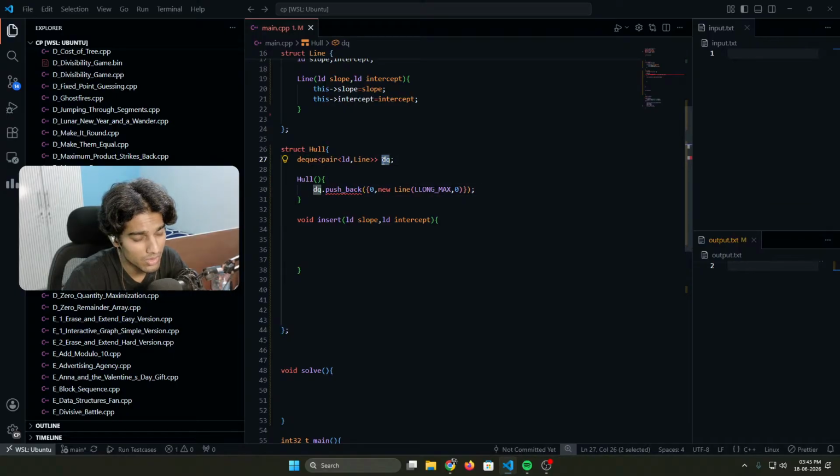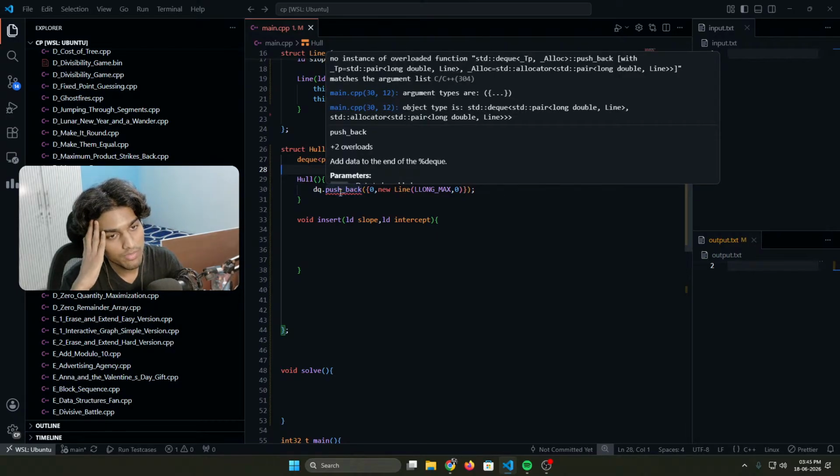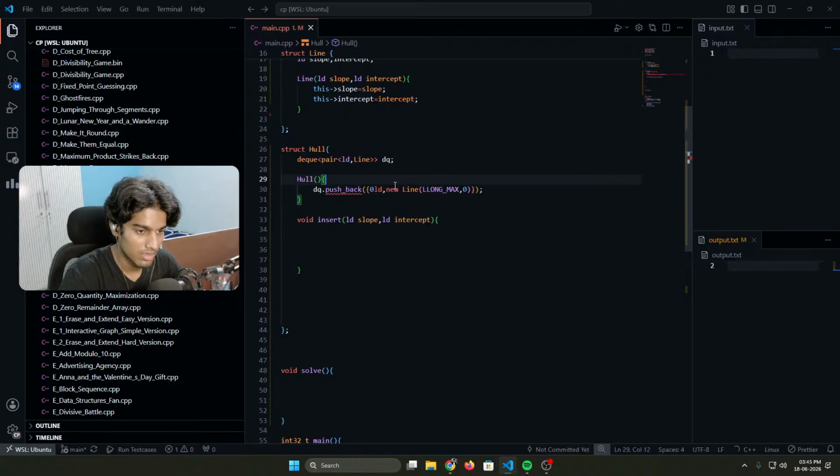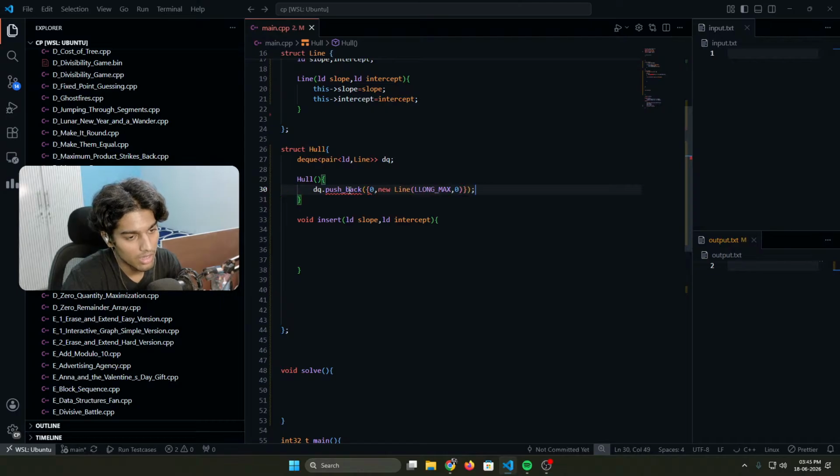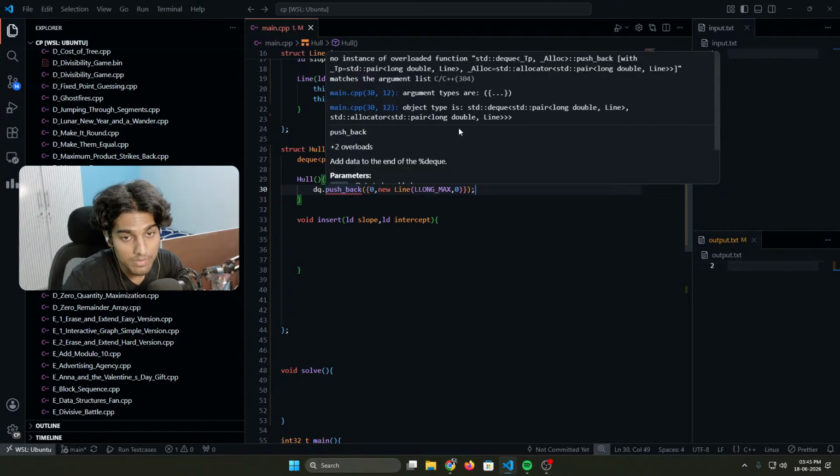What's the issue with DQ though? No instance of overloaded function matches the argument long double. Is this because of this thing? I don't know. Why is this happening? I mean, some type issues.